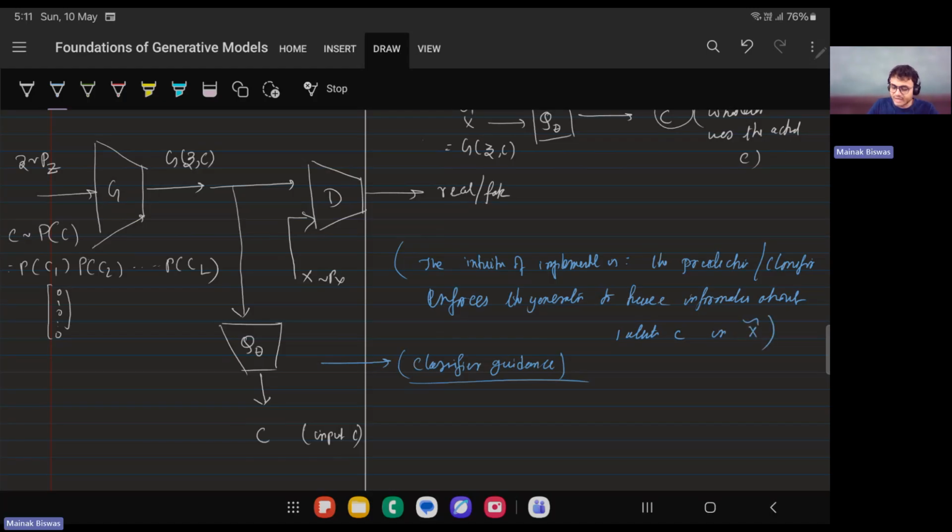So it's like a classifier guidance again. The classifier guides you so that you could have all these independent axes of C, and then each of the C values could represent a particular feature in the data and so on.